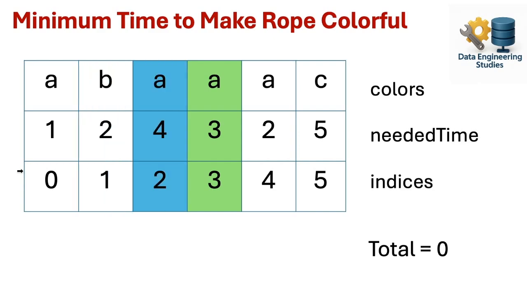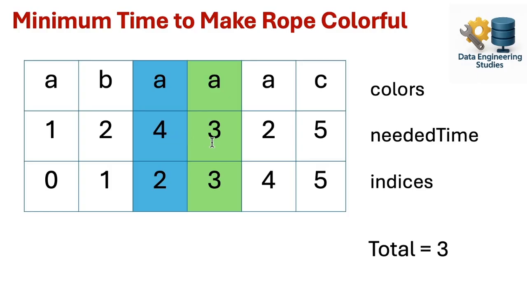In this case, both the colors are the same. So we will take the min of both the needed times. In our case, the min of 4 and 3 is 3. So we will make the total as 3. Next, we will make the needed time of i the max of either i or i minus 1.